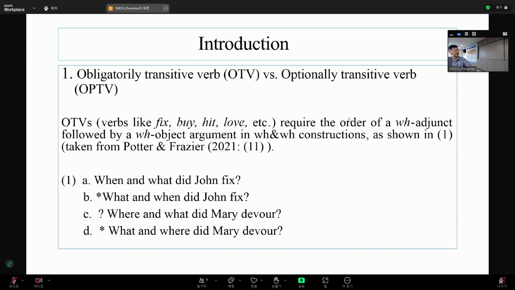B, this is grammatical. Why and when did John fix? C, where and what did Mary devour? This is good. D, why and where did Mary devour? As you know, this is a grammatical sentence.